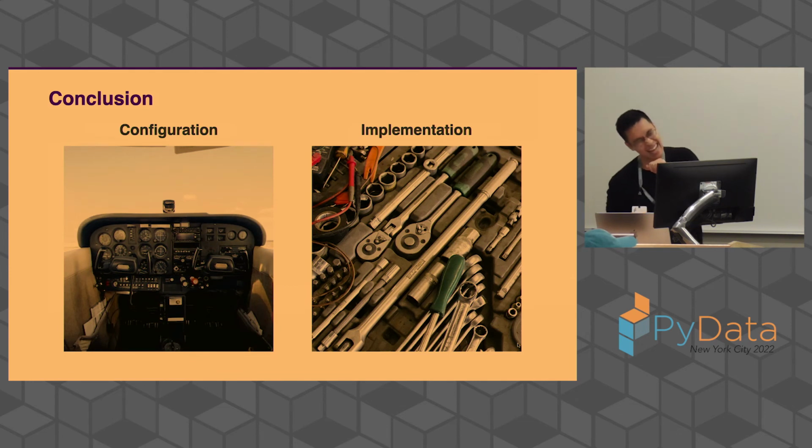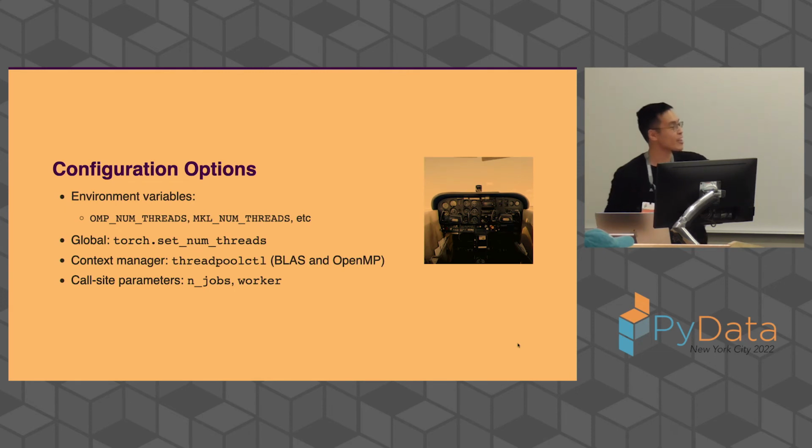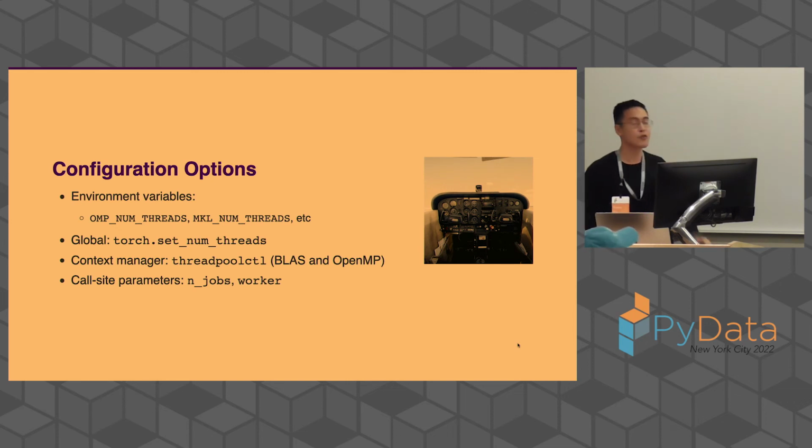Okay. So lots of stuff here, but the overarching themes were configuration and implementation. For configuration, you have environment variables. We went through a whole skew of them. There's OMP_NUM_THREADS, there's MKL_NUM_THREADS, and etc. There are libraries that have a Python API to set it globally, like PyTorch.